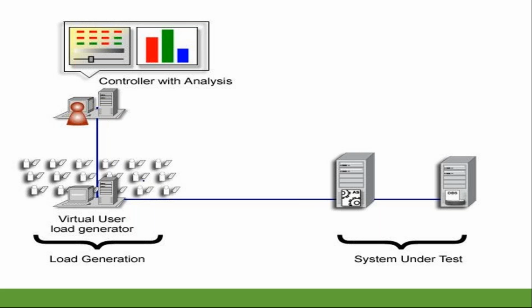I mean to say we are doing a performance test with 100 virtual users from a virtual user load generator that loads the system. It sends the load to different system servers. Whenever it gets a response, we start doing analysis by using the controller.